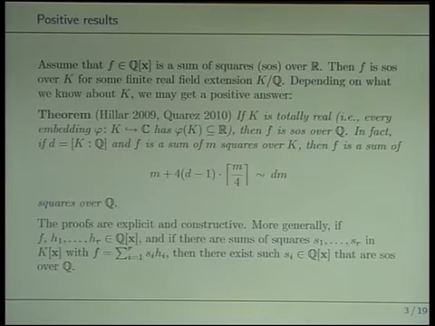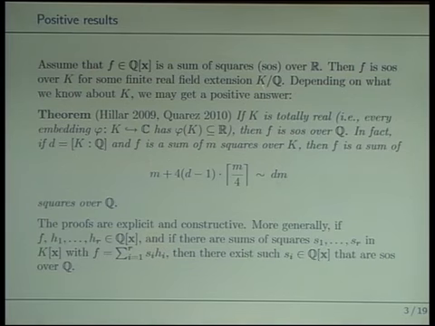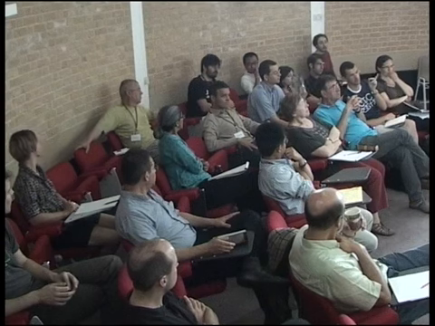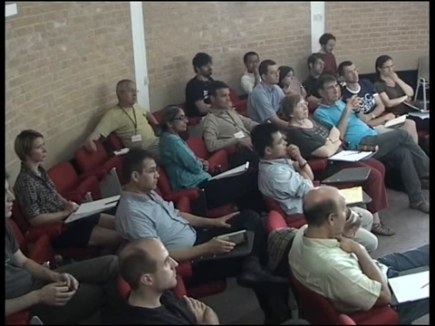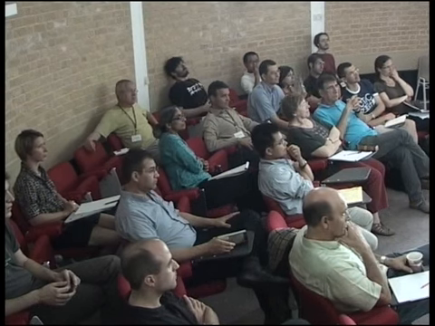I call it K. Now this K can be nice in the sense that it's totally real. Then we can apply all this. Or it can be not of this nice type. Then I don't know anything right now. Right. So I assume from the outset f is SOS over this K, and K satisfies these conditions. Then we can. So you know the field for your counterexample on the previous slide? Yes. Later slide.